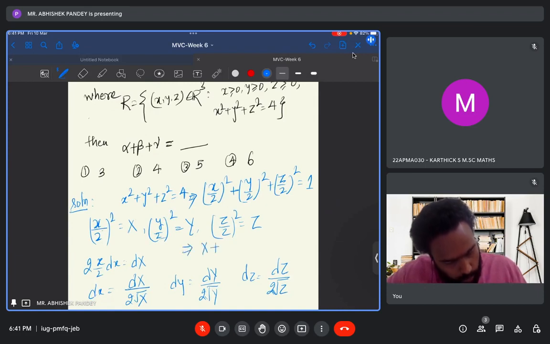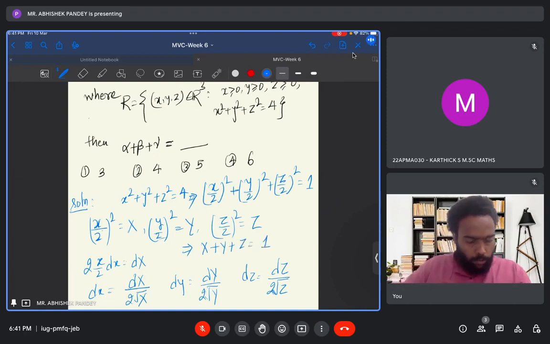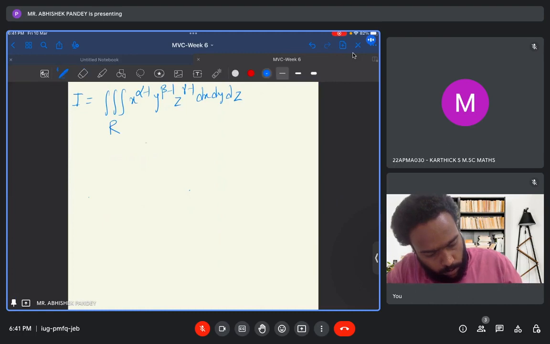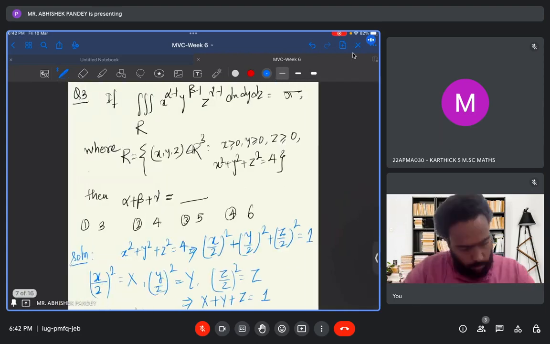With this one you will get that x plus y plus z is equal to 1. So x is 2 root over x, y is 2 into root over y, and z is 2 root over z.